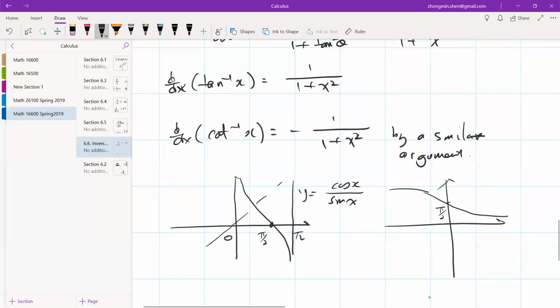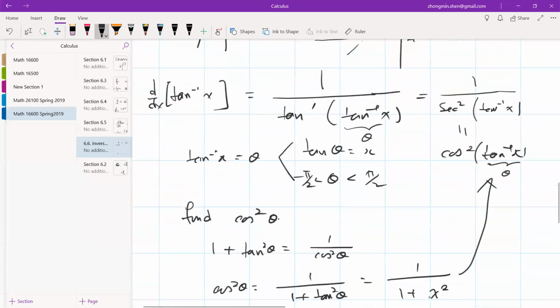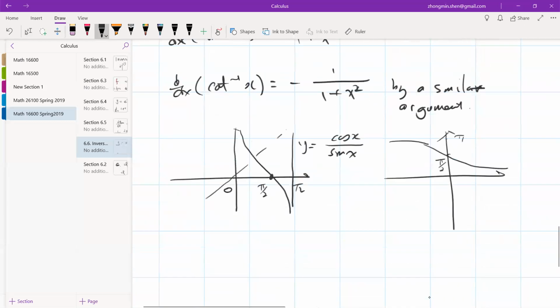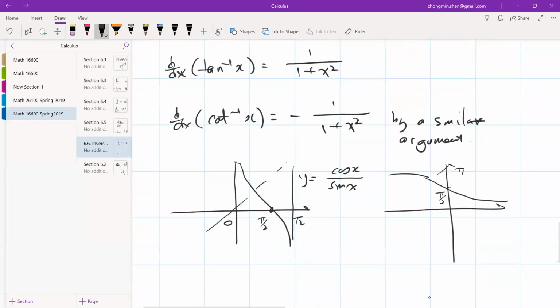Wait a minute, it's pi. No restriction on x.